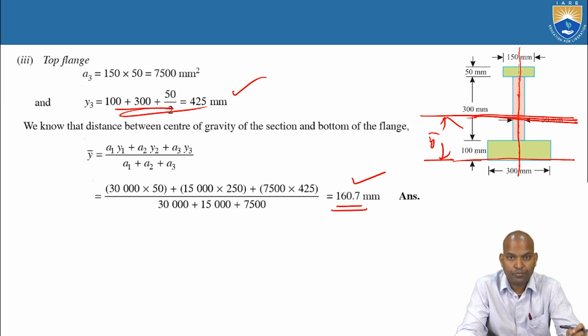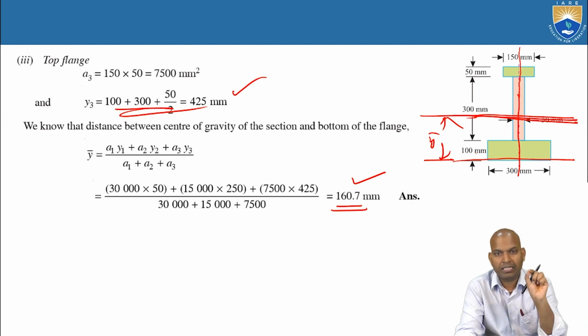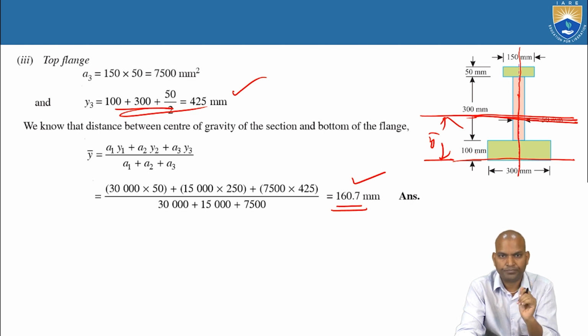And one more very, very important thing is that we have studied the location and properties of the centroid of various sections. For two lines of symmetrical sections, the point of centroid lies on the geometry. Whereas for unsymmetrical sections, the point of centroid can be on the geometry or outside the geometry also.